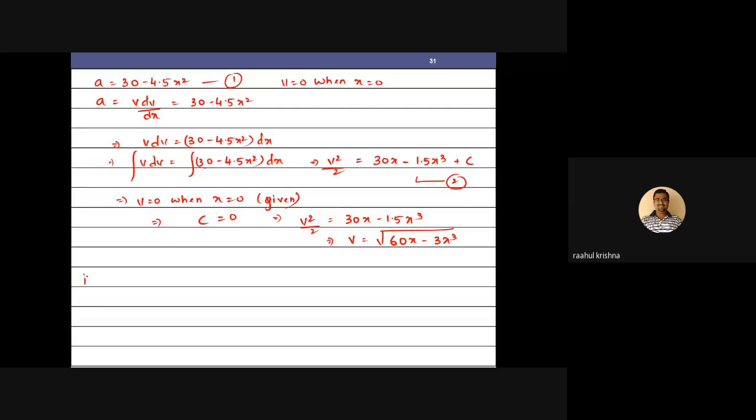Now first case, when x equal to 3 meters, v equals the square root of 60 into 3 minus 3 into 3 cube.